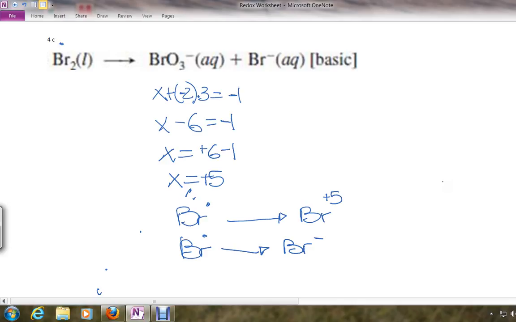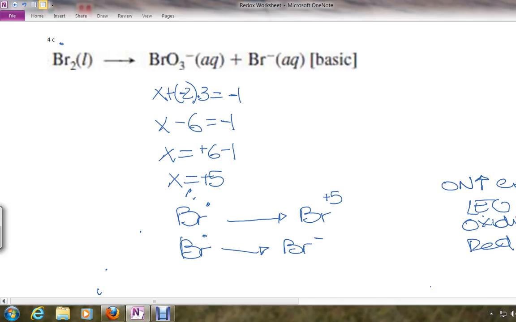So one bromine is oxidized from 0 to +5. The oxidation number goes up, electrons are being lost. So one is oxidized, LEO, and it's a reducing agent.